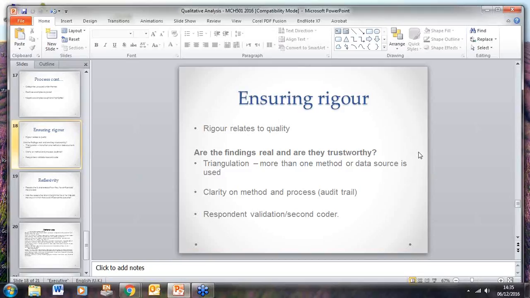So we talk about respondent validation or second coder. If somebody else picked up your literature review, would they get the same themes or similar themes? Equally, if I was doing a piece of research, if I gave it to somebody else and said, these are the phrases that I'm looking for, would they get the same results as me?